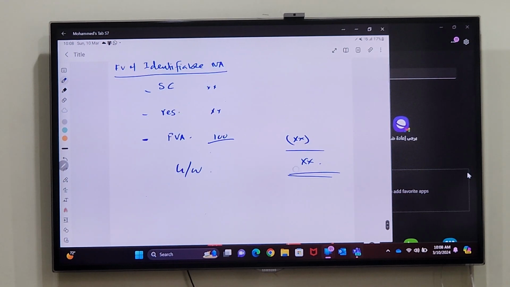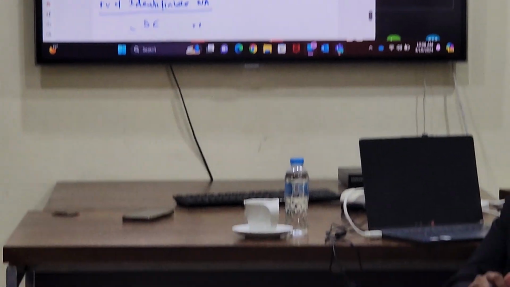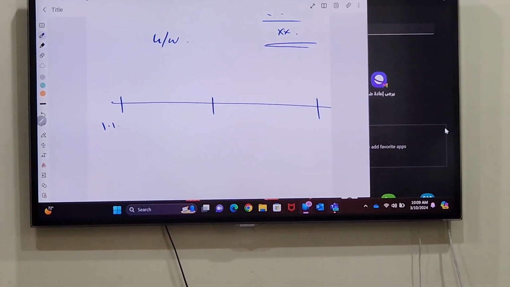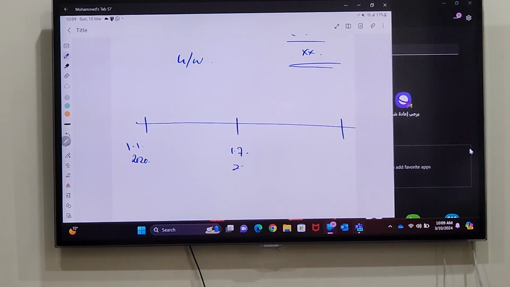Now what's going to happen now? When you prepare the balance sheet, you need to have your land and building. Now the land and building of the subsidiary will not be 100, but the land and building of the subsidiary will be 200. Another interesting point, let's say 1 January 2020, 1 July 2020, 31st December 2020.